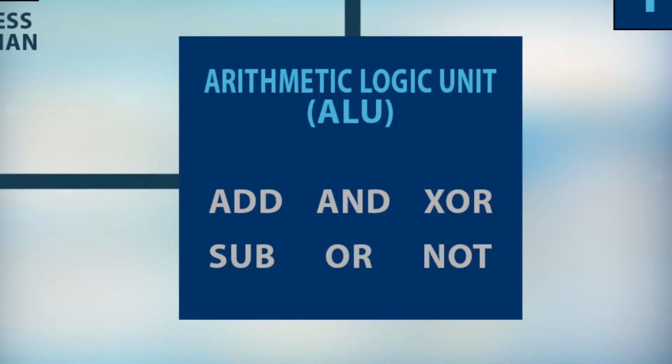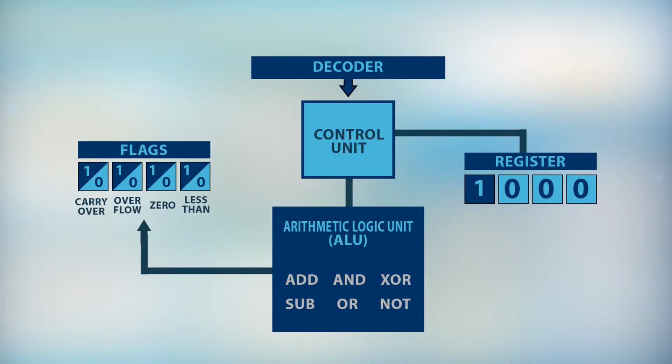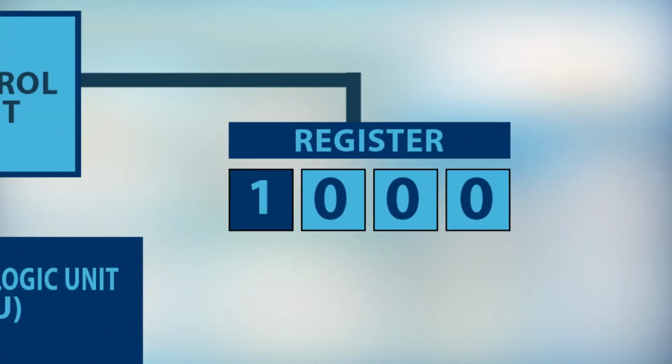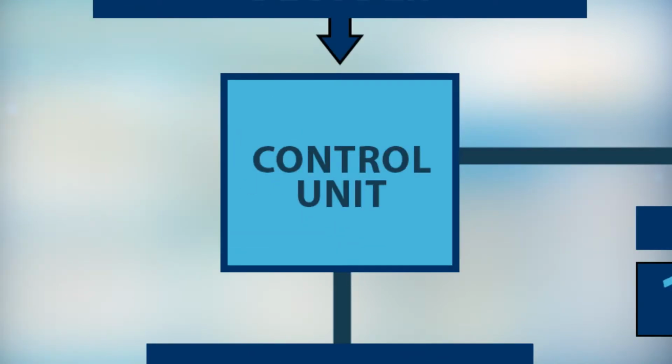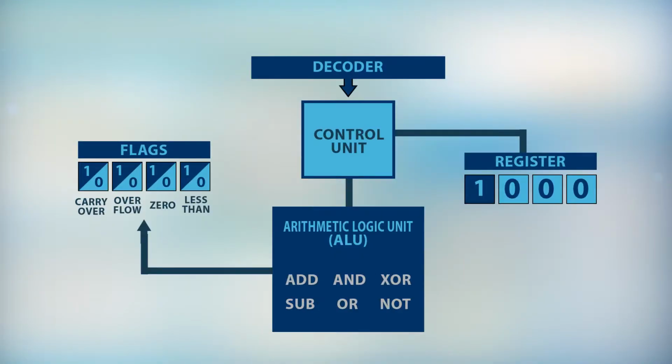Then let's see what registers are. For performing any arithmetic or logic operation, an arithmetic logic unit requires some temporary memory locations where data and instructions are kept for a short while. Such memory locations built into the ALU are called registers, which enhance the speed of the processor. Registers also work under the direction of the control unit to accept, hold and transfer instructions or data and perform arithmetic and logical comparison at high speed.